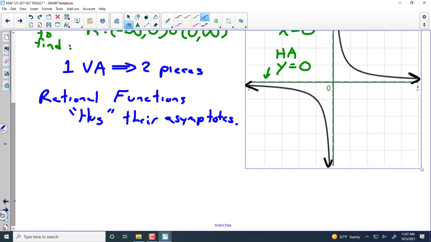But it turns out they never touch a vertical asymptote.